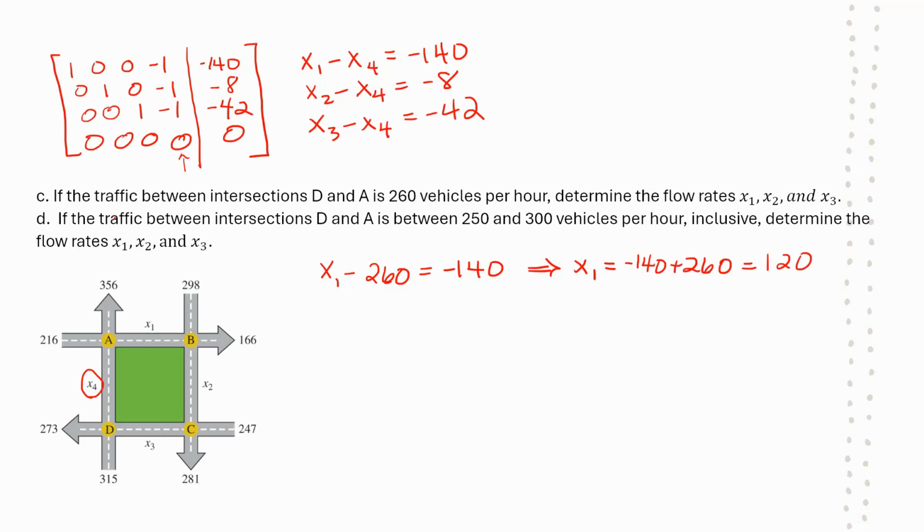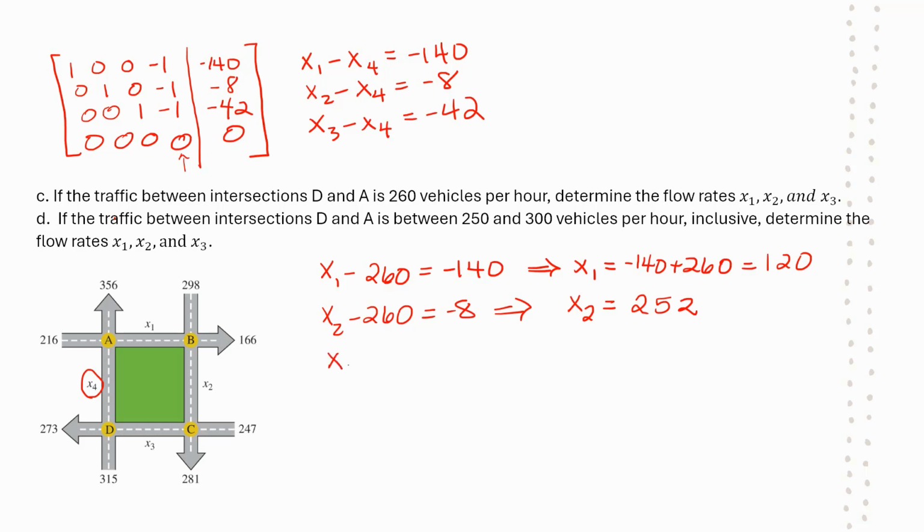And then for the second equation, x sub 2 minus 260 is negative 8, which means that x sub 2 is going to be 252 vehicles per hour.